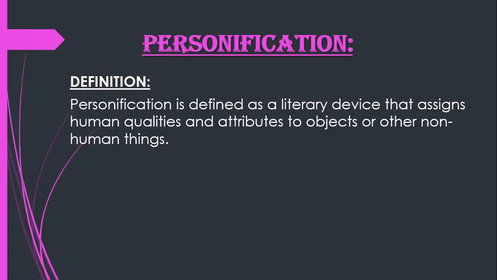Personification, another figure of speech which is quite common in literature, especially in poetry. Personification is defined as a literary device that assigns human qualities and attributes to objects or other non-human things. Personification means when human attributes have been depicted in some other non-human things.